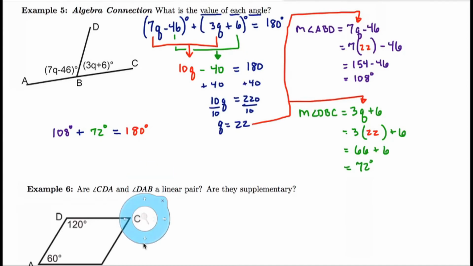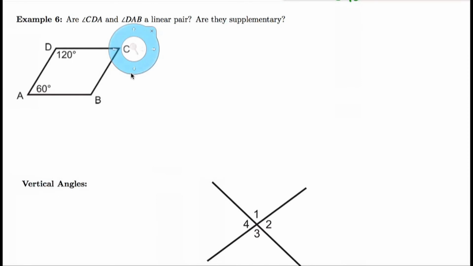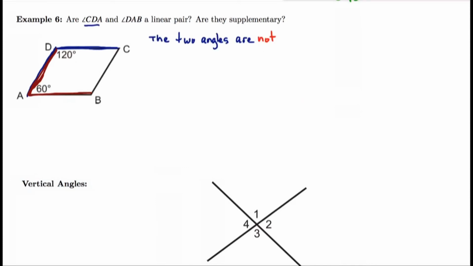Okay. Example 6, are angle CDA and angle DAB a linear pair? Are they supplementary? So here is angle CDA, and here is angle DAB. So you can see that the two angles are not a linear pair.